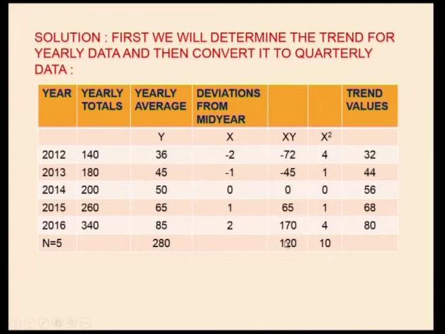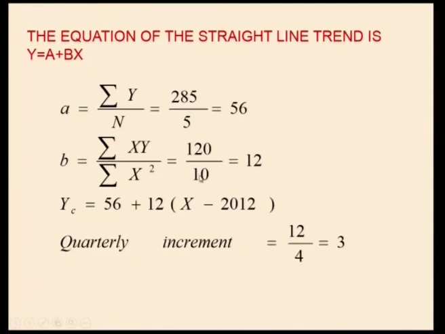Sigma xy we got to be 120, sigma x square is 10, so we got 120 by 10, that is 12. Then your trend line is going to be 56 plus 12 into x minus 2012. So the quarterly increment is going to be 12 divided by the number of quarters, that is 4, which is going to be 3. Now how to compute the quarterly trend values?